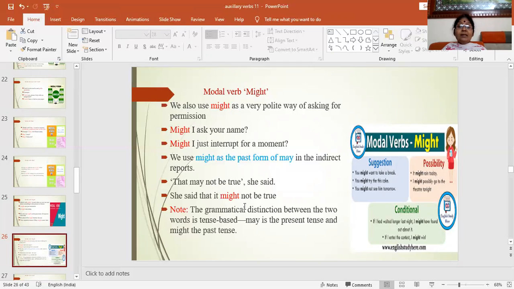Now note that the grammatical distinction between the two words may and might is tense based. That is, may is used in the present tense and might is used in the past tense. This distinction you must remember, right?